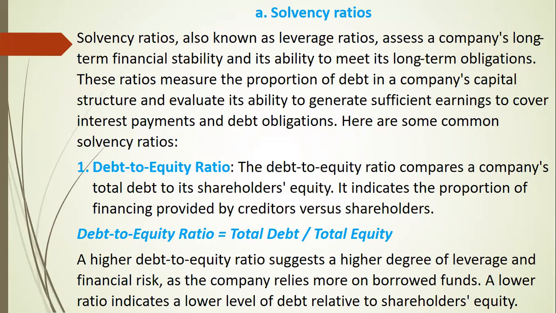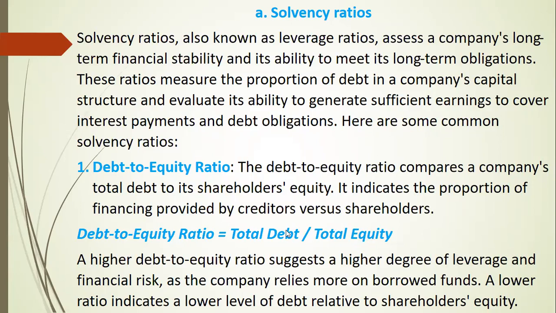So debt to equity ratio is total debt over total equity. A higher debt to equity ratio suggests a higher degree of leverage and financial risk, as the company relies more on borrowed funds. A lower ratio indicates a lower level of debt relative to shareholders' equity. So it is just total debt divided by equity.